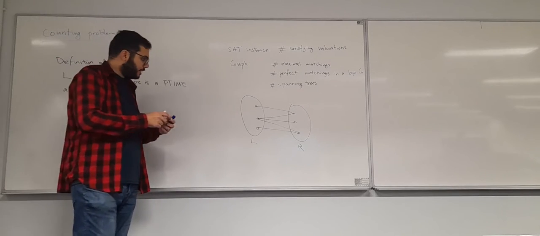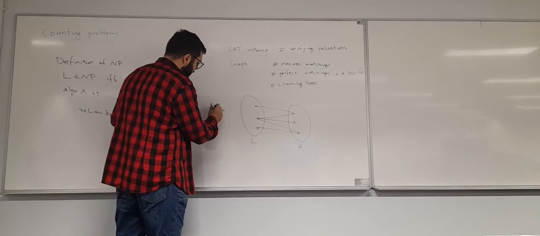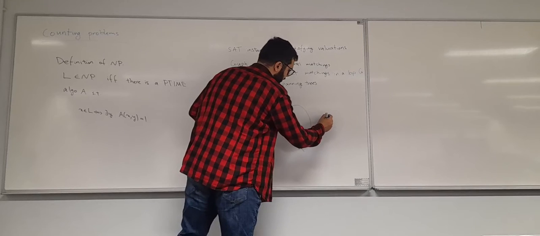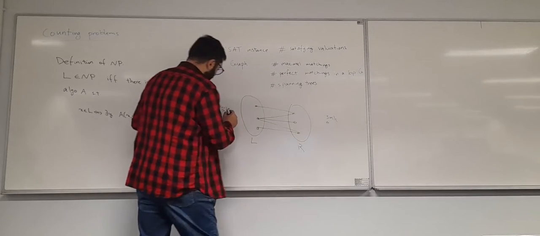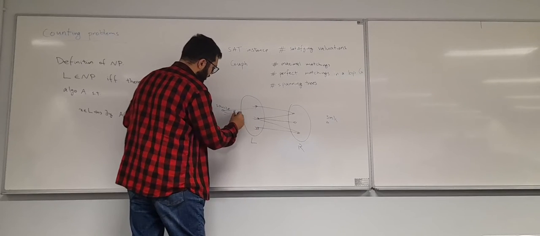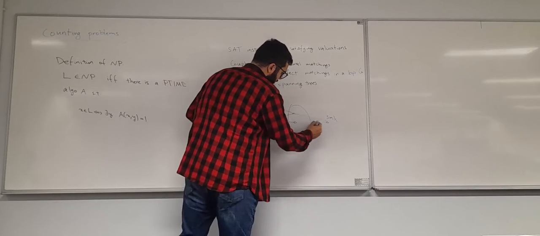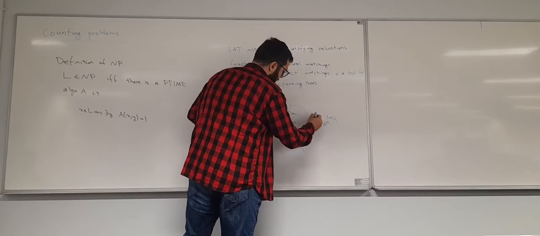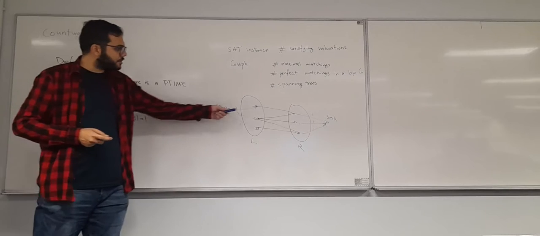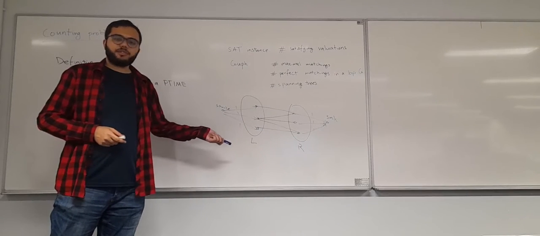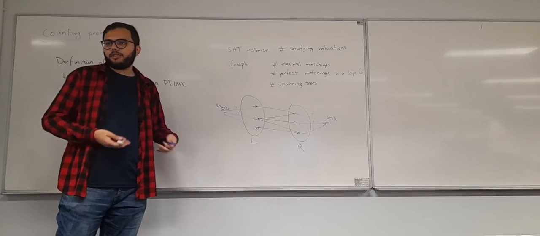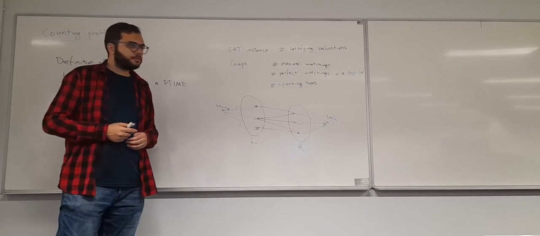Just imagine that I add some source vertex here, and I add a sink vertex here, and then I connect the source to every one of the vertices here with capacity 1, and I connect all the vertices here to the sink also with capacity 1, and I ask what is the network flow from the source to the sink. If the flow is equal to the size of L, then I know that I have a perfect matching. Otherwise, okay.